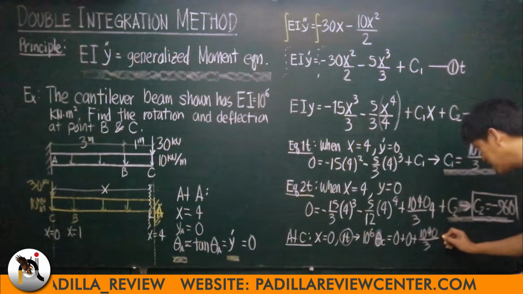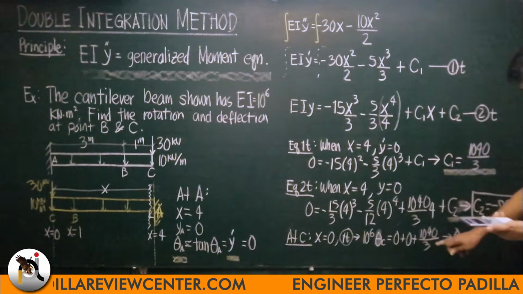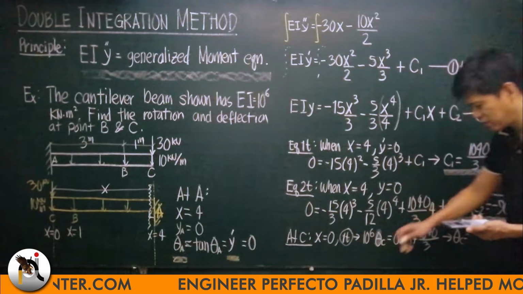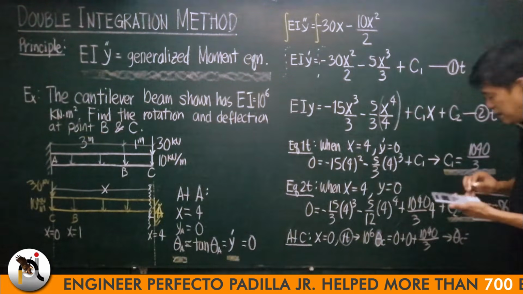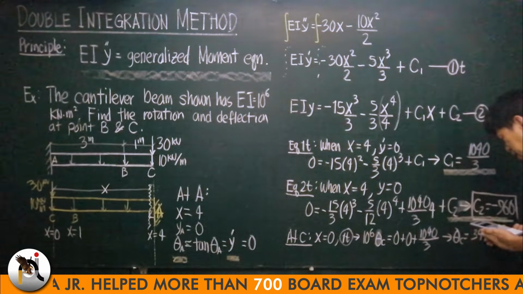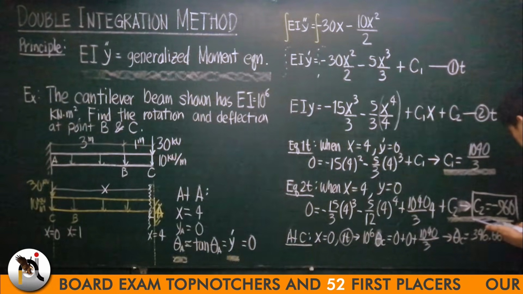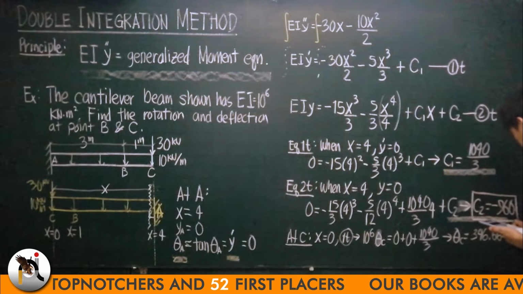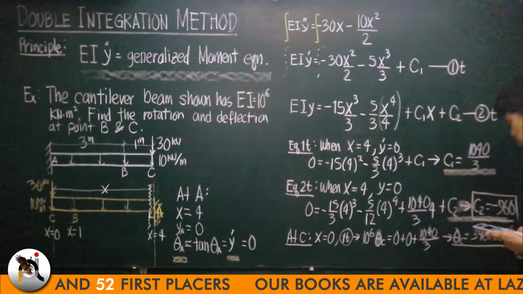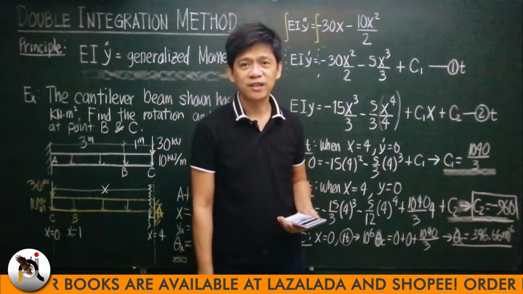So your theta C is going to be equal to 1040 over 3 over 10 to the 6. So that is equal to 346.66 times 10 to the negative 6, and this would be in radians. You follow? You get it?